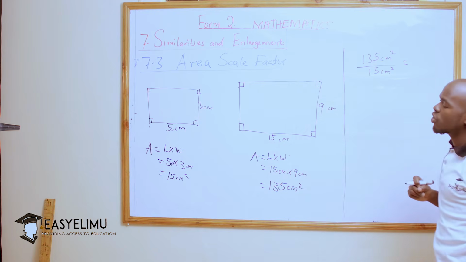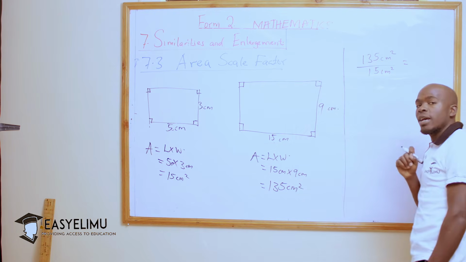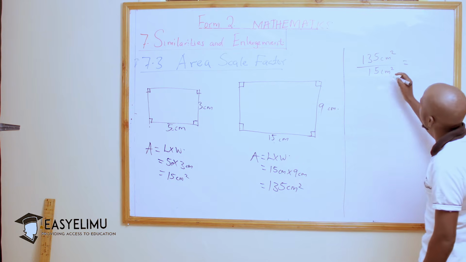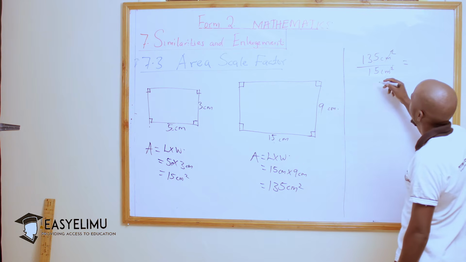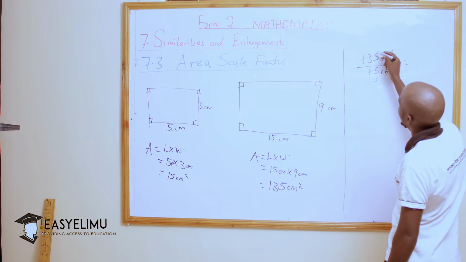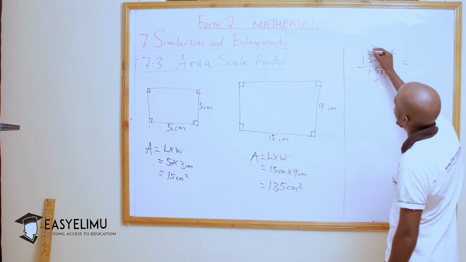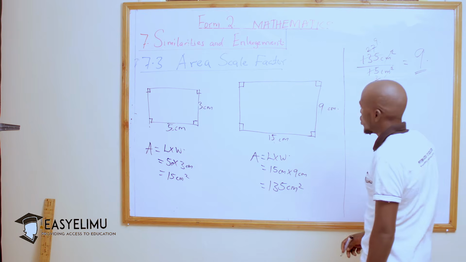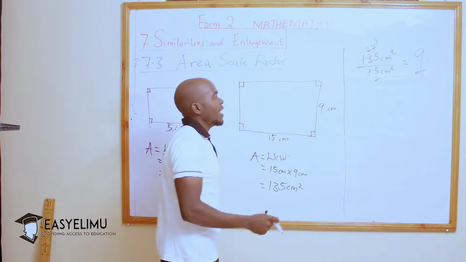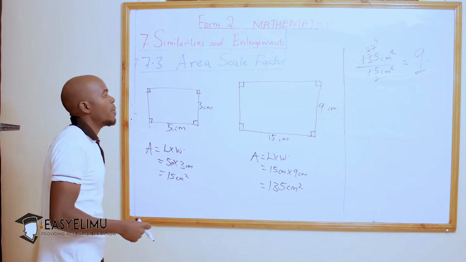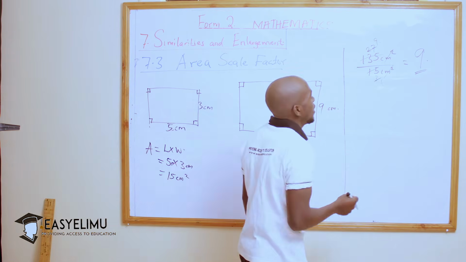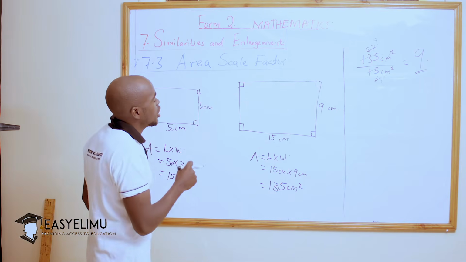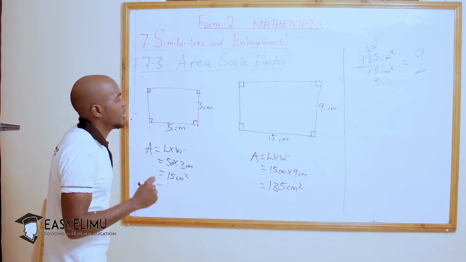If we work out, you will find your answer is 9 without units. So the area scale factor, where we use the quotient or ratio between the two areas, is 9.